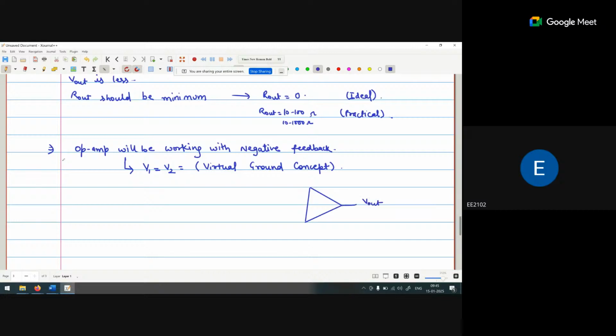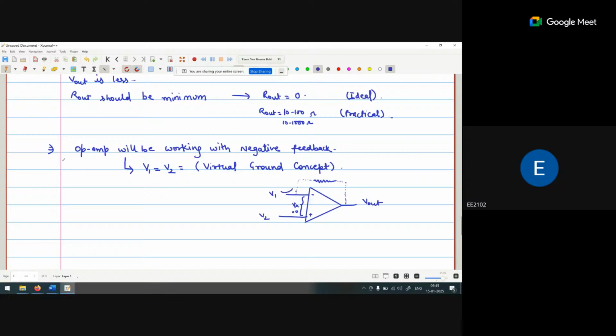this is my V out, V1, V2. So I just consider my V in to be 0. There is one feedback path from the negative terminal, so it is connected with the negative terminal.